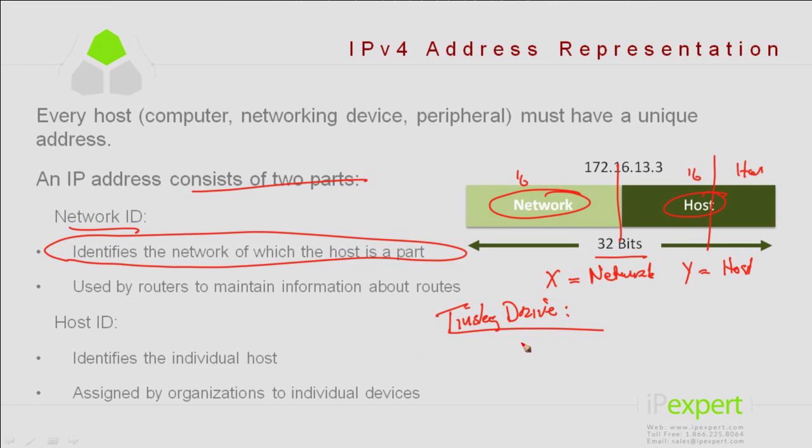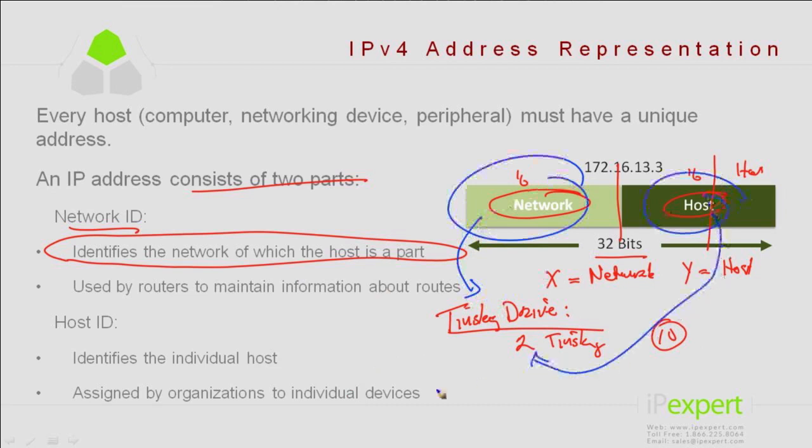So that address for me may be 2 Tinsley Drive. And we may have 10 people living on my street. Well, when we look at this, the correlation between these values is the network corresponds to the street, the host value corresponds to the house number. So in other words, a host is going to be a destination on a network segment.